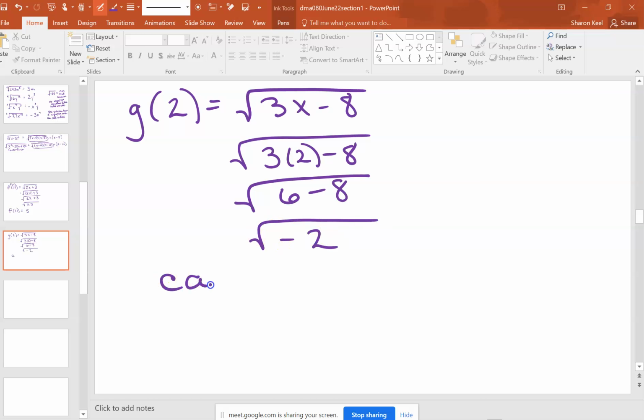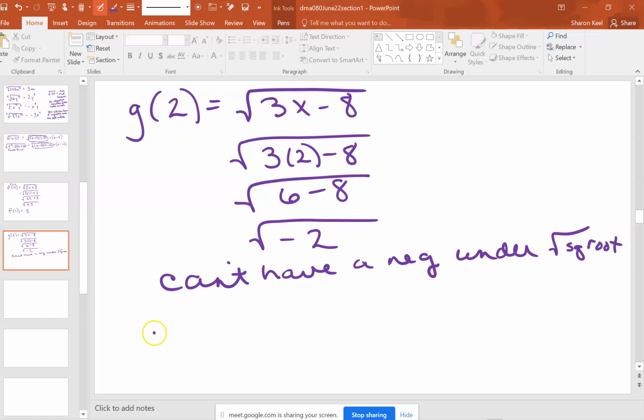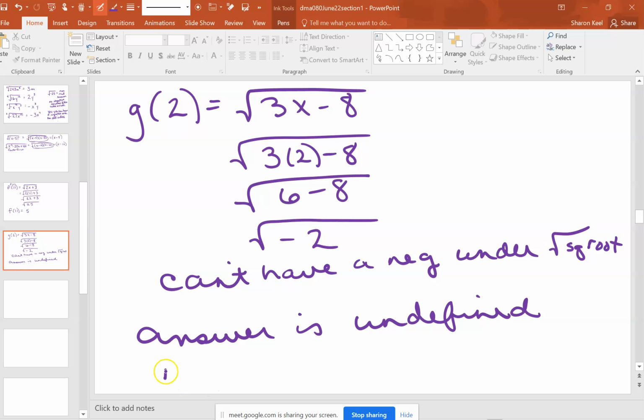Here, we need to recognize that we can't have a negative under the square root. So for this one, the answer is undefined. It would be not a real number.